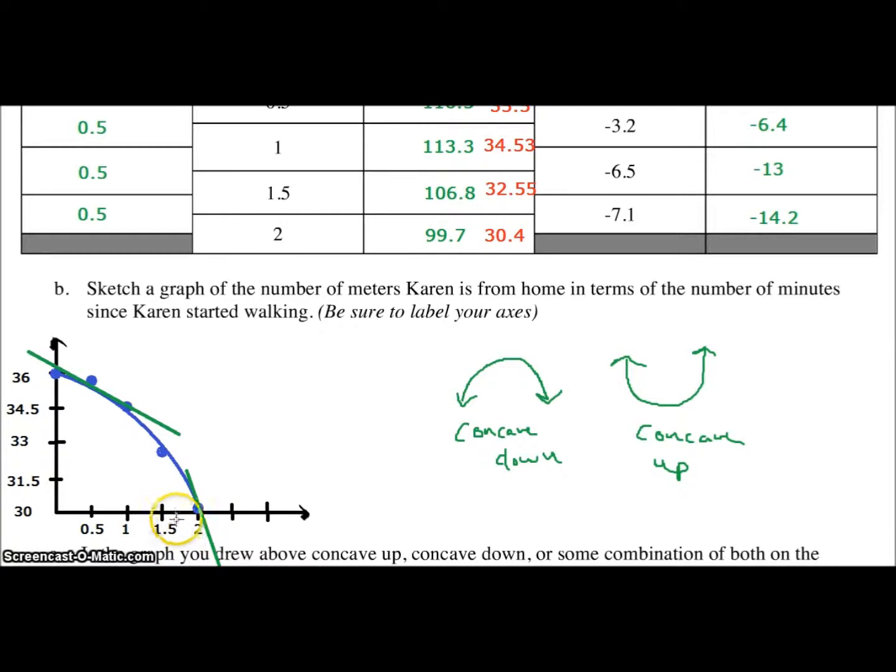It's this second one. For each successive point, the slope of the tangent line would decrease, and that tells us it's concave down. And the slope of the tangent line is precisely the instantaneous rate of change, or the derivative.